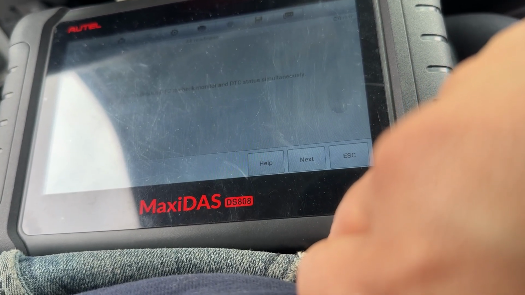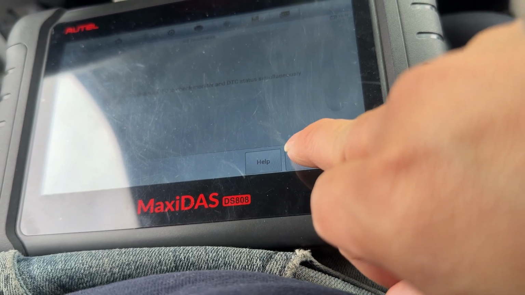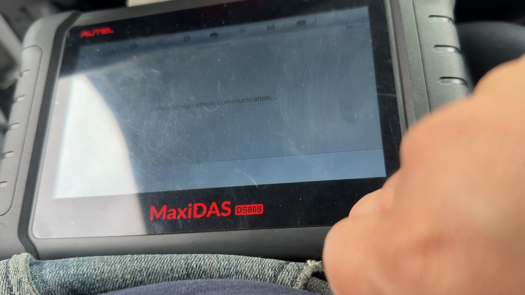Input a desired TC check monitor and simultaneously. Alright, so everything looks good.